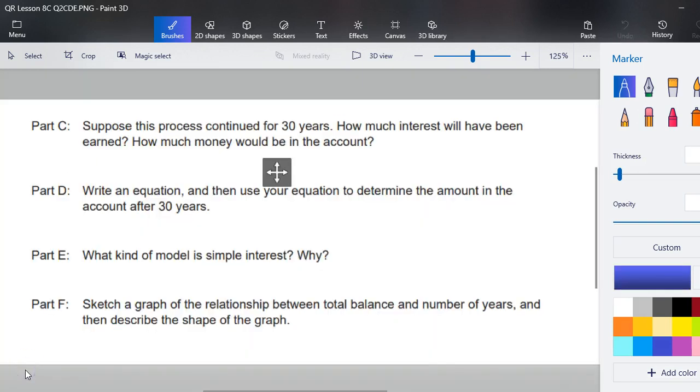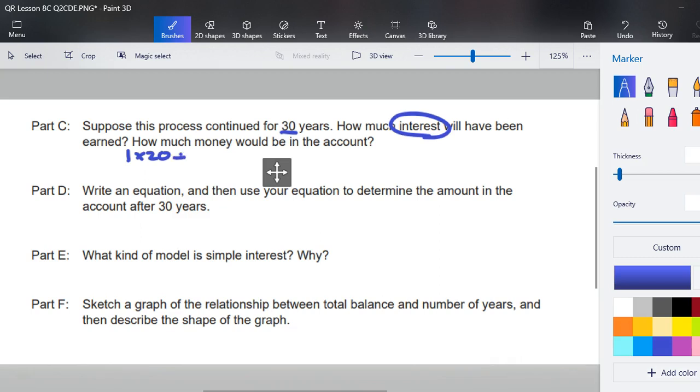Continuing on with question 2, part C says, suppose this process continued for 30 years. How much interest will have been earned and how much money would be in the account? Looking back at the chart, for our first year, we earned $20.